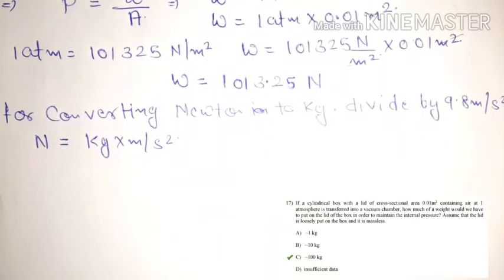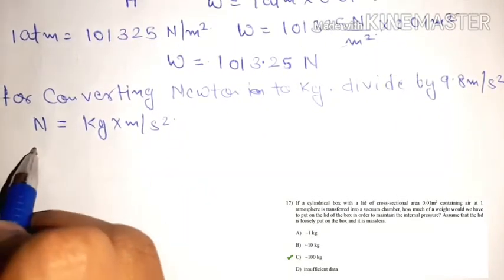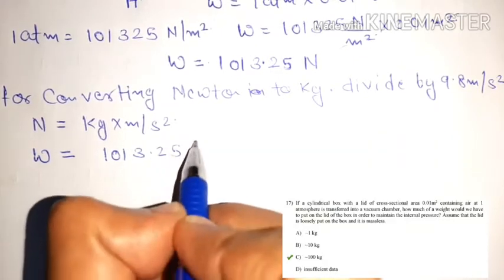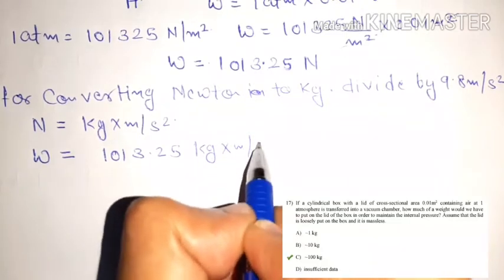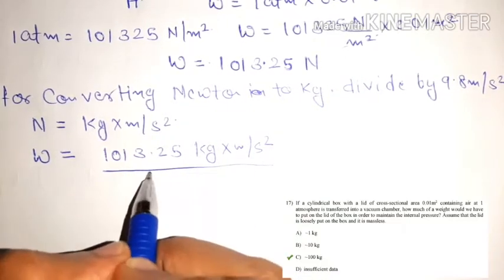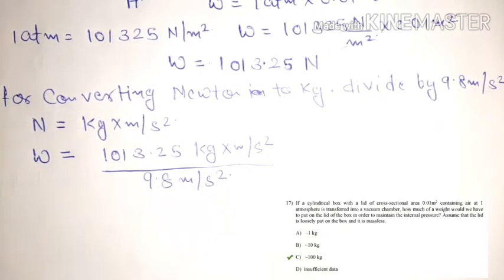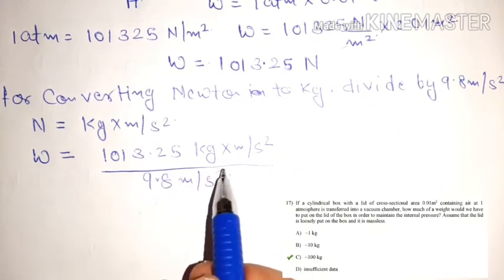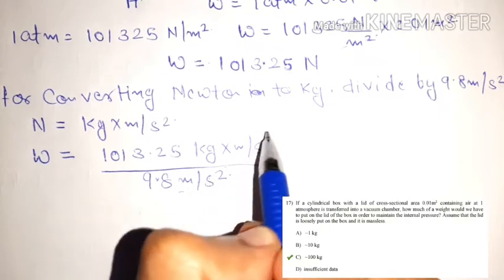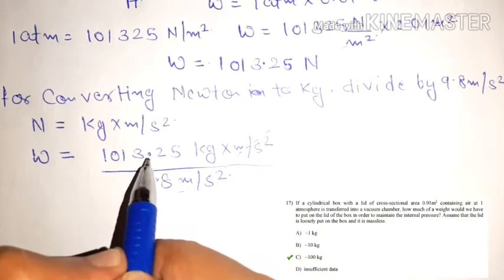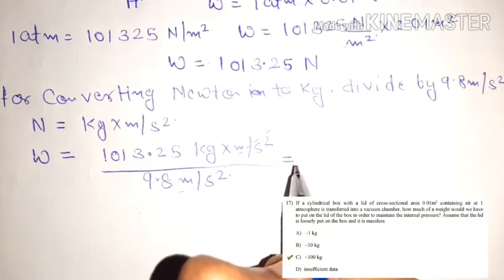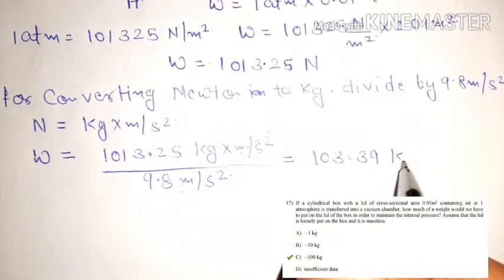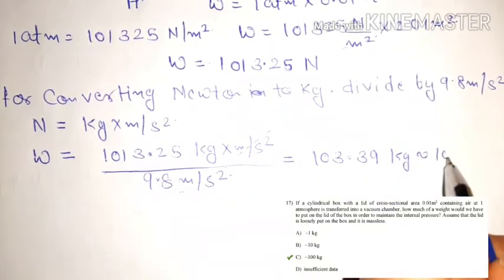So weight is equal to 1013.25 kilogram meter per second square upon 9.8 meter per second square. When you calculate this, you see that meter per second square is cancelled out by this meter per second square, and 1013.25 divided by 9.8 gives 103.39 kilogram, which is approximately 100 kilogram.